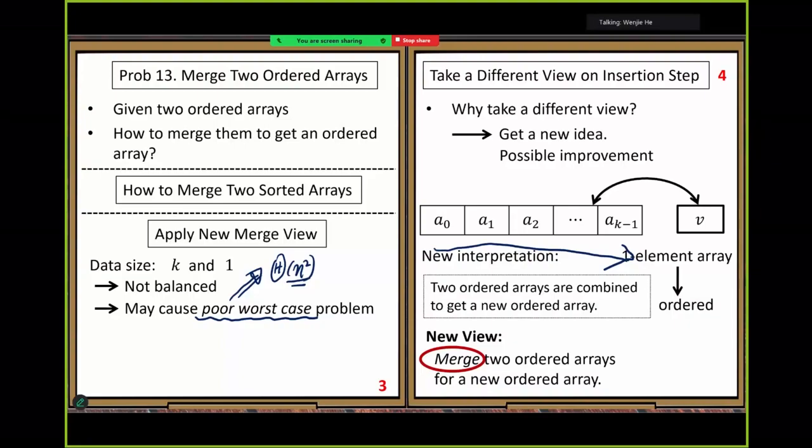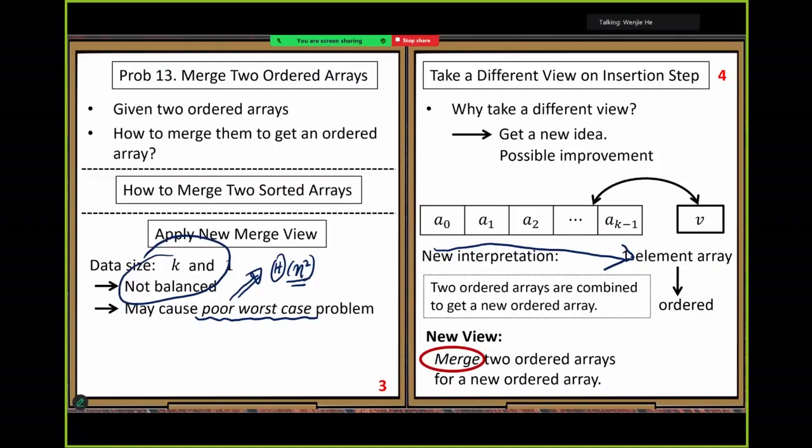The problem we identify is that the data distribution, the data, is unbalanced. That's the reason for the poor worst case. So the solution is, when we have a chance to split our data in divide and conquer, when we divide the data into two subarrays, we want to do a balanced split to avoid the worst case.